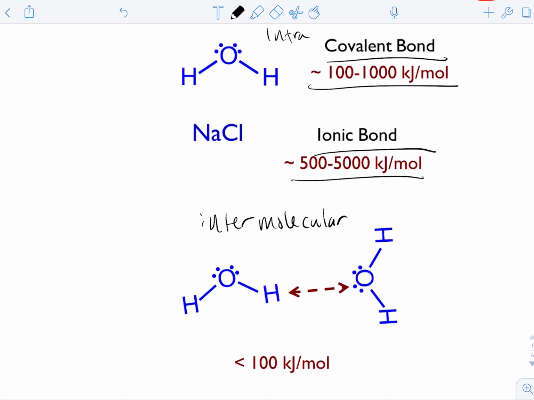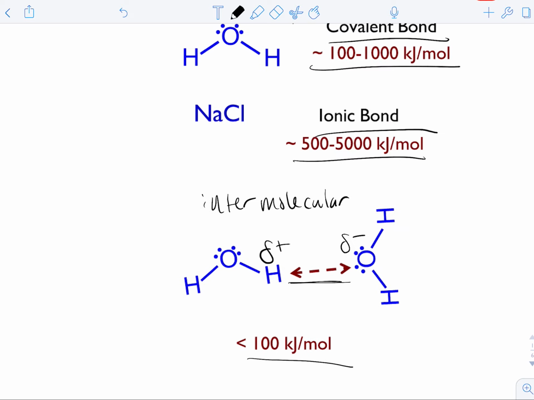So intra holds our atoms together, inter holds our molecules together. So it's going to be the force between basically charged particles. Well, partially charged particles. Okay? And it is going to be much weaker than our intramolecular forces.